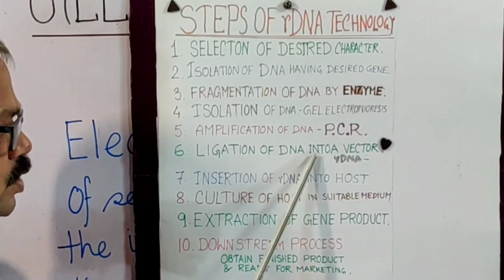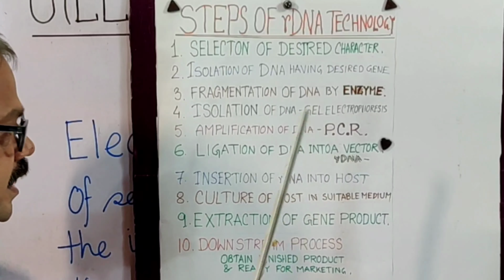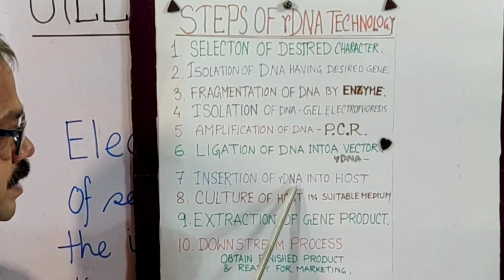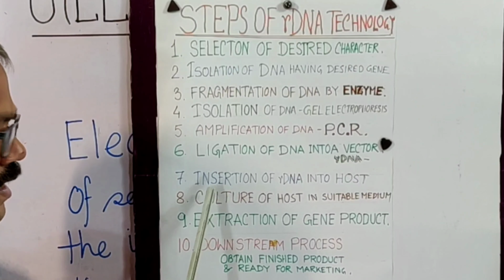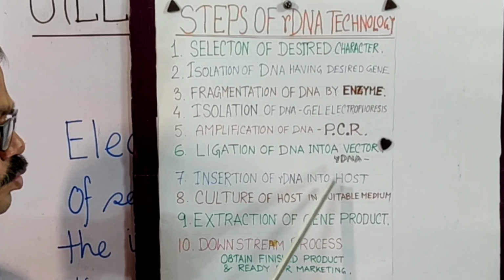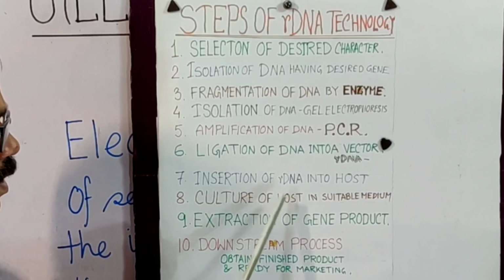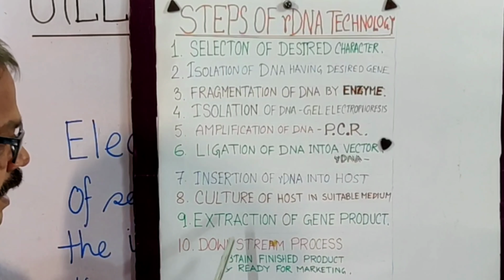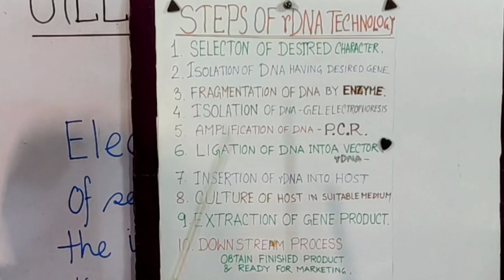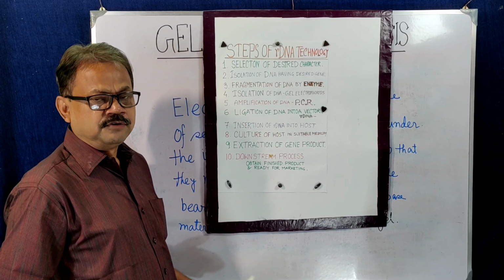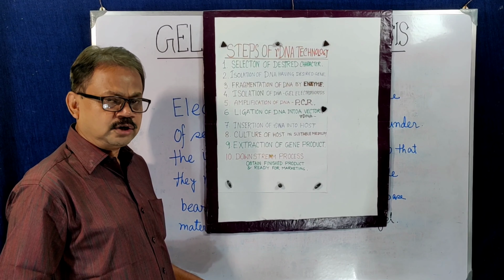Sixth, ligation of this DNA into a vector to form recombinant DNA. Seventh, insertion of the recombinant DNA into the host, culture of the host in a suitable medium, extraction of the gene product, and downstream process. These are the 10 main steps of recombinant DNA technology.